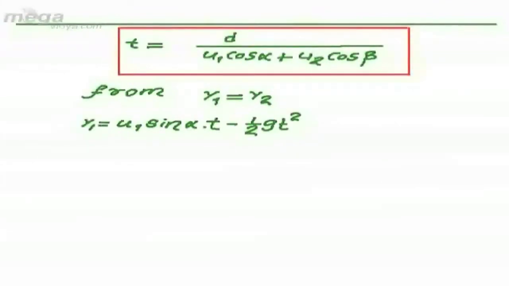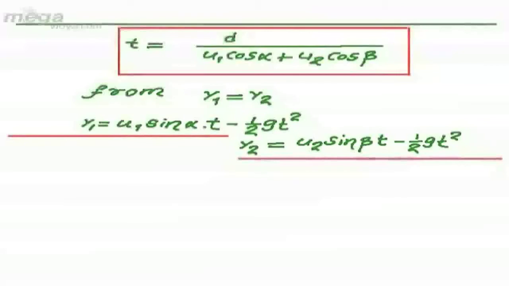This is the value of y1, and y2 for the second projectile can be written as u2 sine beta t minus half g t square. Using these two values in the relation y1 equal to y2, we get u1 sine alpha equal to u2 sine beta.